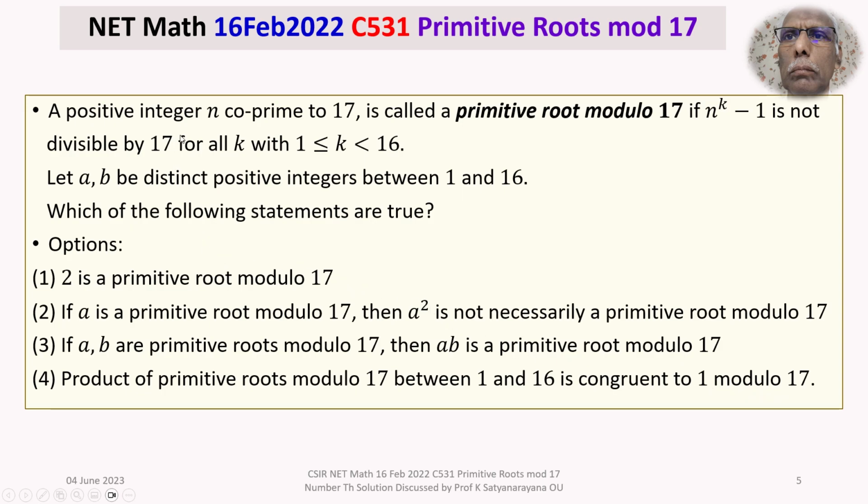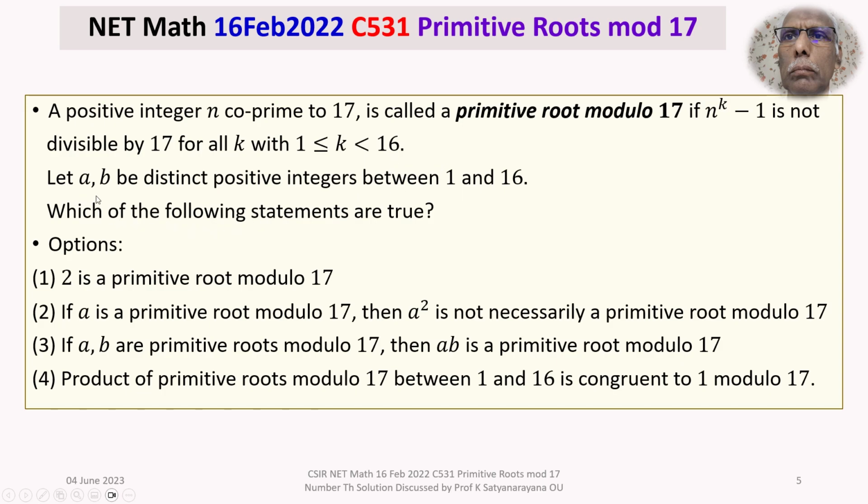We are given a definition. A positive integer n which is relatively prime to 17 is called a primitive root modulo 17 if n^k − 1 is not divisible by 17 for all k with 1 ≤ k < 16, that is, k = 1, 2, 3, 4, 5 up to 15.